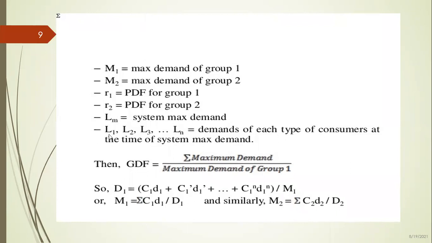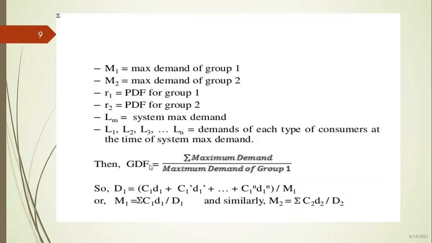Okay. So L1, L2, L3 up to Ln are the demands of each type of consumer at the time of system maximum demand. So these are the demands of consumers when the system is at its peak. When the system is working at its peak, what is the demand of consumer number 1? That is L1. What is the demand of consumer number 2? That is L2, like this.